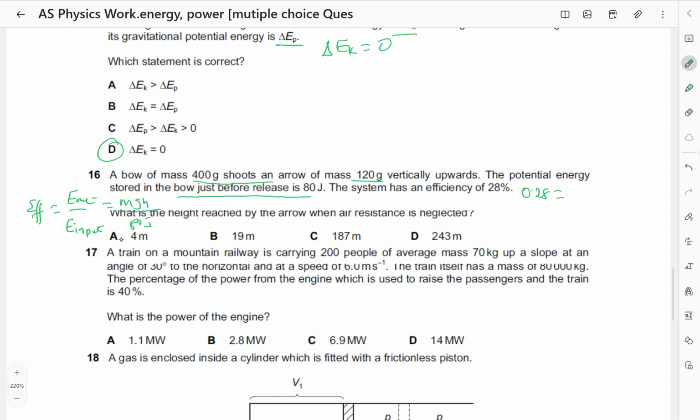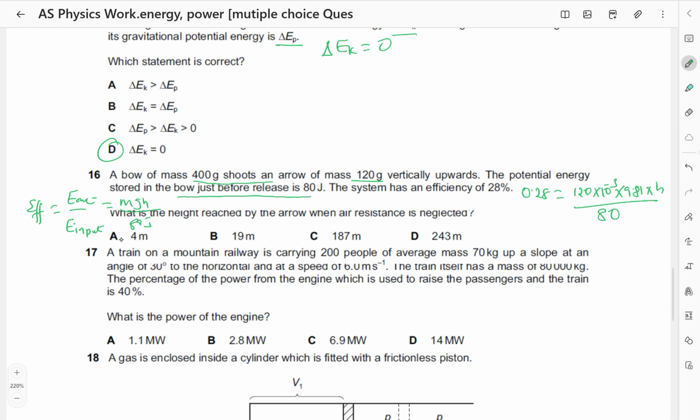So this is going to be m, which is 120 times 10 to the power negative 3, because that is the mass which is going to be moved vertically upwards by the arrow. So this is 120 times 10 to the power negative 3 times 9.81 times h, then divide by the energy input, which is 80 joules.